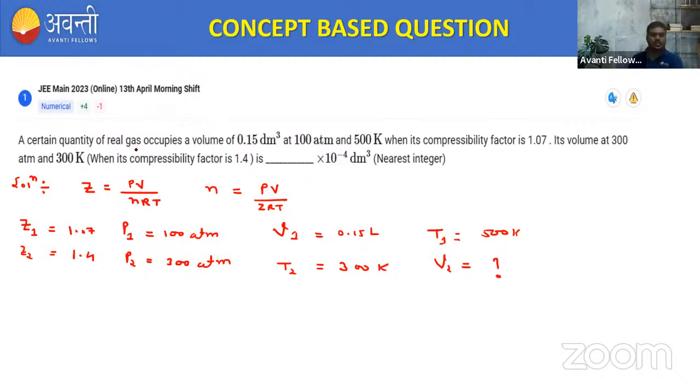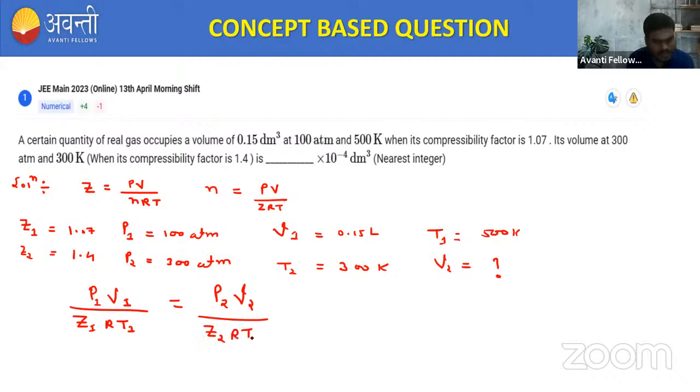The certain quantity is already given. So according to the question, P1 V1 upon Z1 R T1 is equal to P2 V2 upon Z2 R T2.